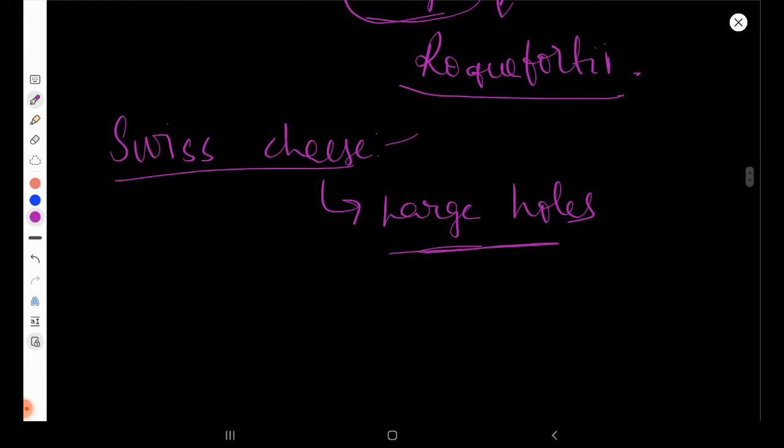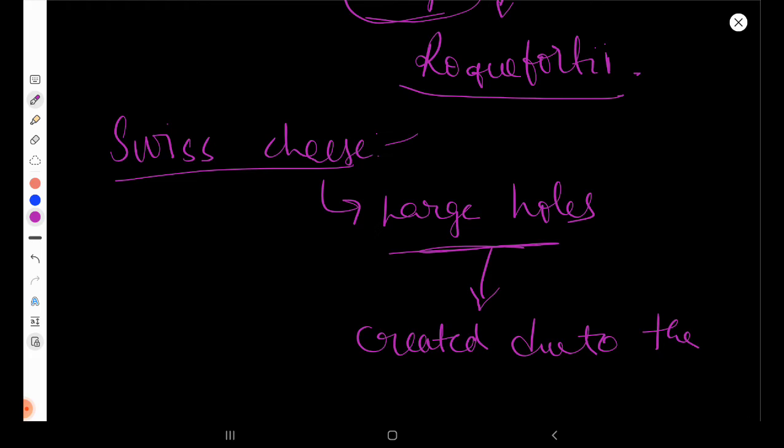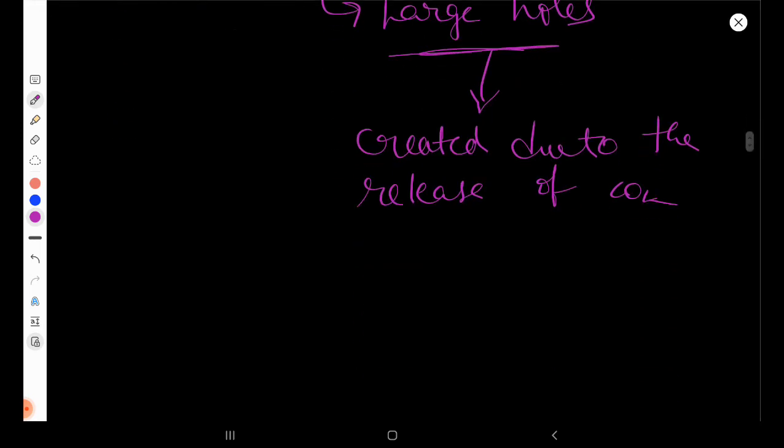These large holes are created due to the release of CO2, carbon dioxide, during the fermentation process in large amounts.